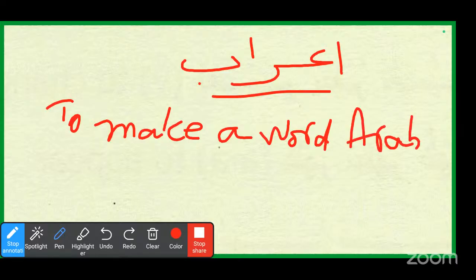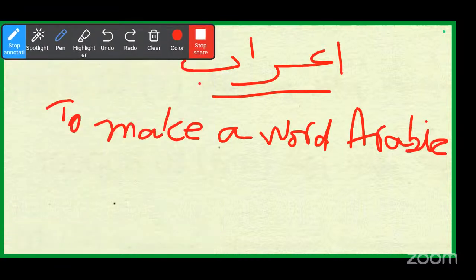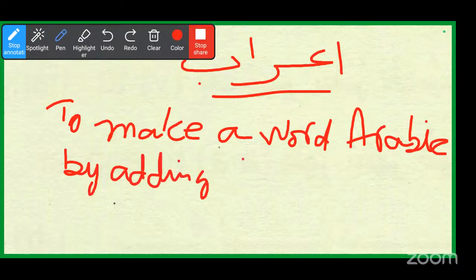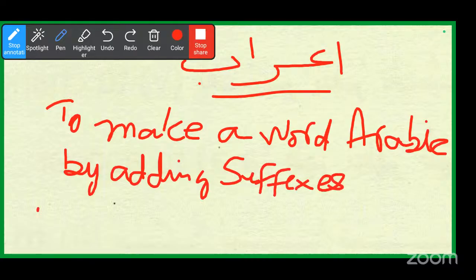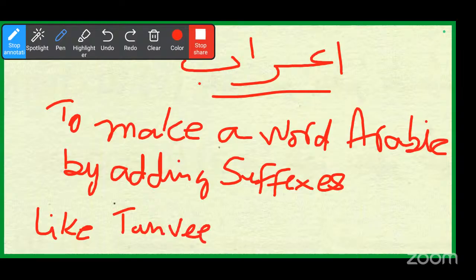Arabic, by adding suffixes like tanween to it.